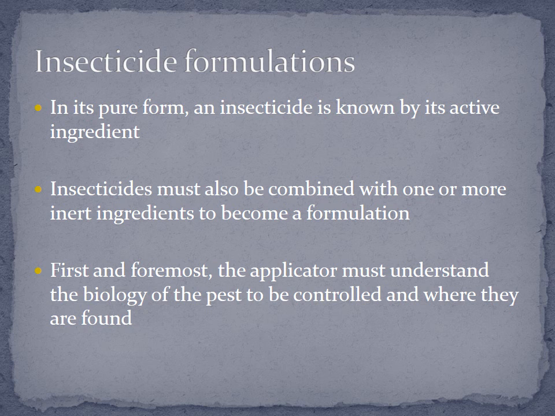And in its pure form, the insecticide is going to be known by its active ingredient. So when we talk about insecticides, and I've mentioned this several times today, bifenthrin can have several different names for the actual product it's in, but mostly you need to know it's going to be known by its active ingredient to those of us actually doing the treatments themselves.